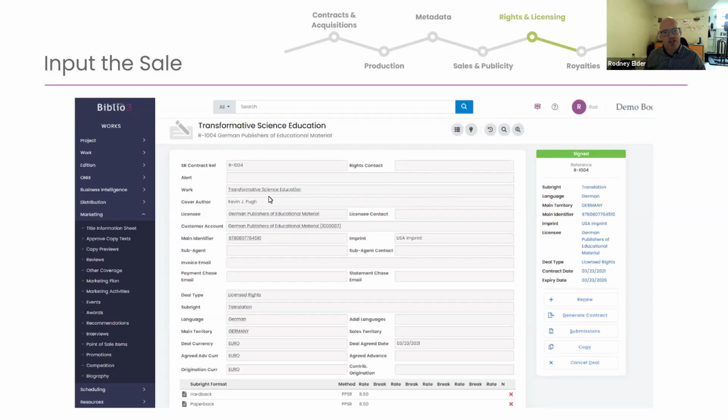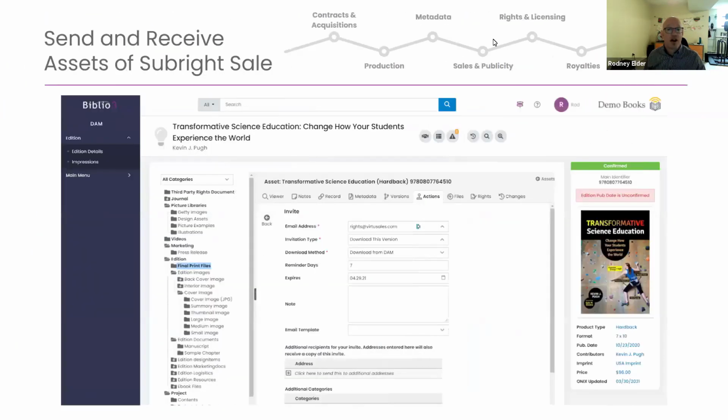But after you've processed who you've sold it to, generally, what do you need to do? You need to share an asset. So we're actually now jumping into a different area, digital assets. So you've done a deal, or a permission sale or whatever it may be, you then need to actually grab a particular file, let's say you're sharing the latest print files or a particular file that they're going to do the translation from, that production are using, that other departments are accessing.